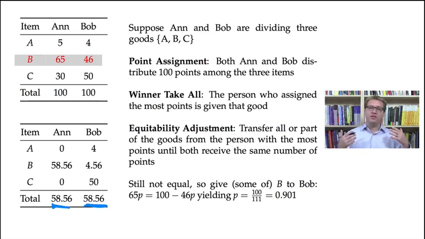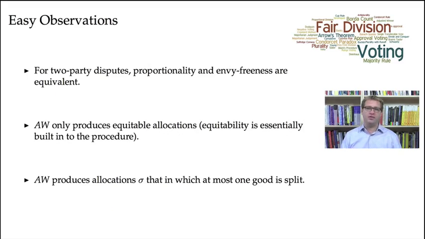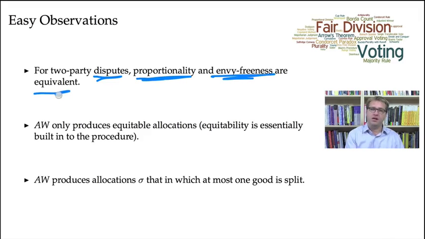So that's the algorithm. The distribution is that Bob receives all of item A, all of item C, and about 10% of item B. So item B has to be divided. Now here are a few easy observations about the algorithm. First of all, for two-party disputes, proportionality and envy-freeness are equivalent.